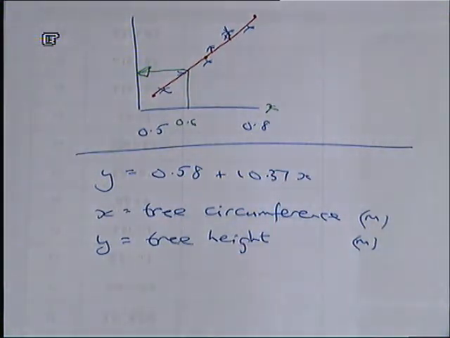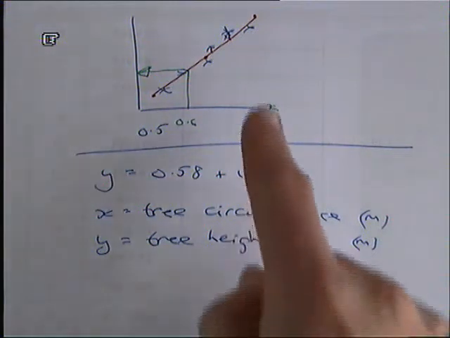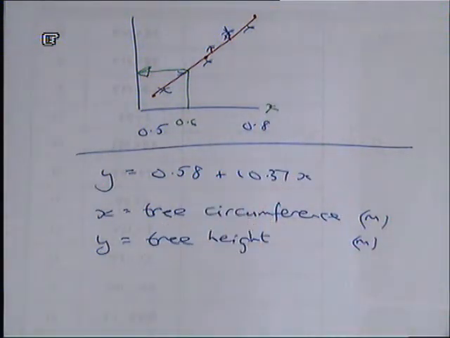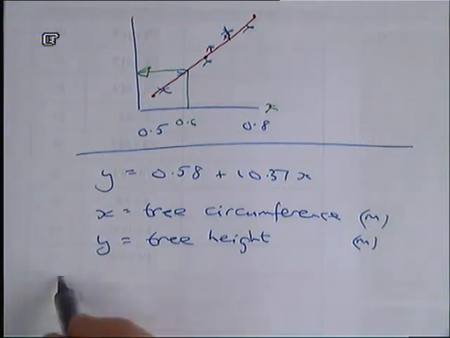But if somebody had found a tree whose height was 7 metres, I wouldn't be able to use this equation to predict x. If you want to predict x from y, you need to use a different regression line.